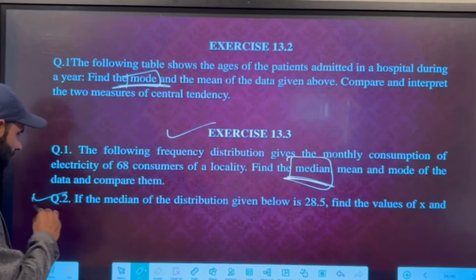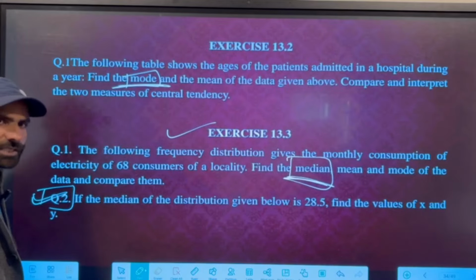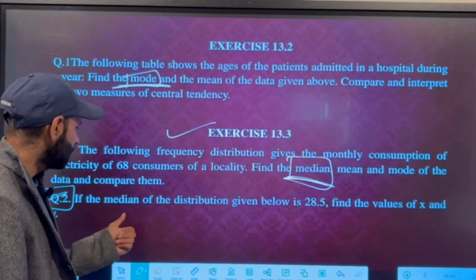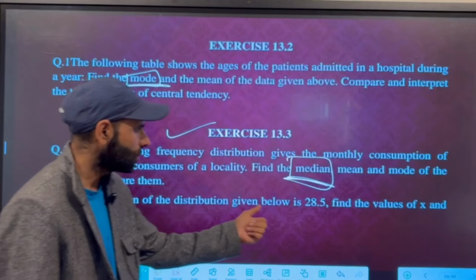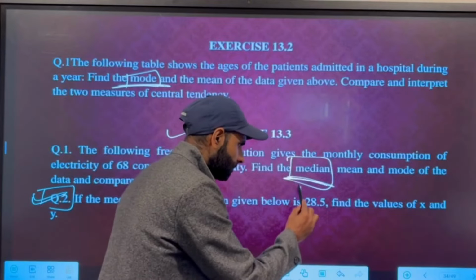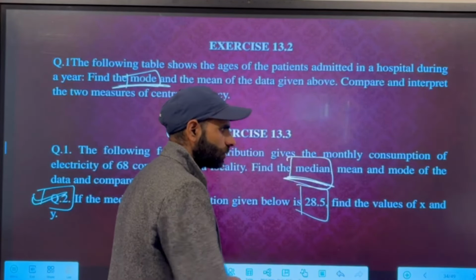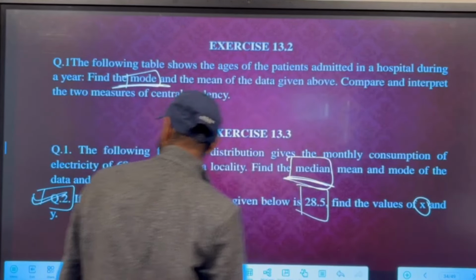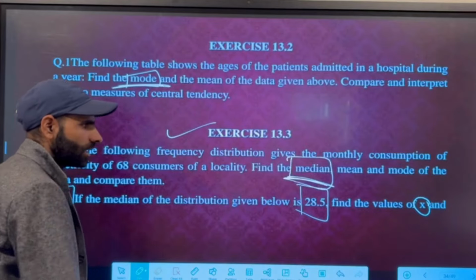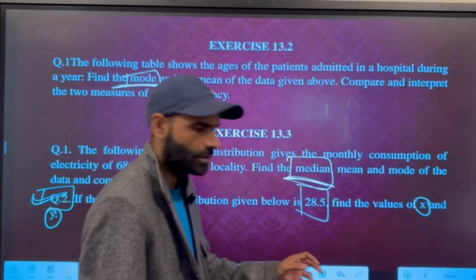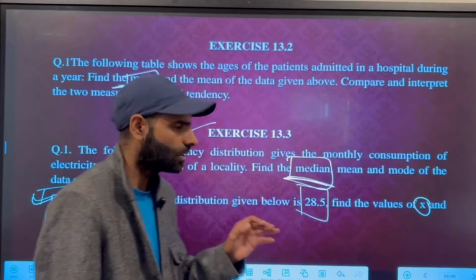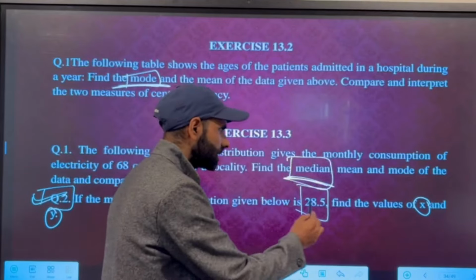Question number 2 is most important question of this chapter actually. If the median of the distribution given below is 28.5, median is given, you have to find the value of x and y. In table, there will be two variables x and y. You have to find the value of x and y. Median is given.